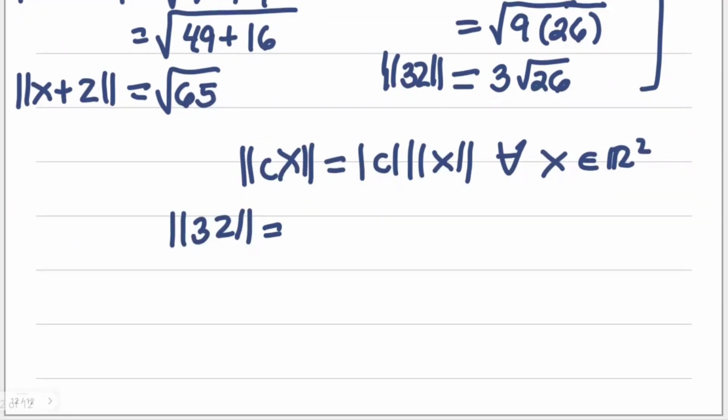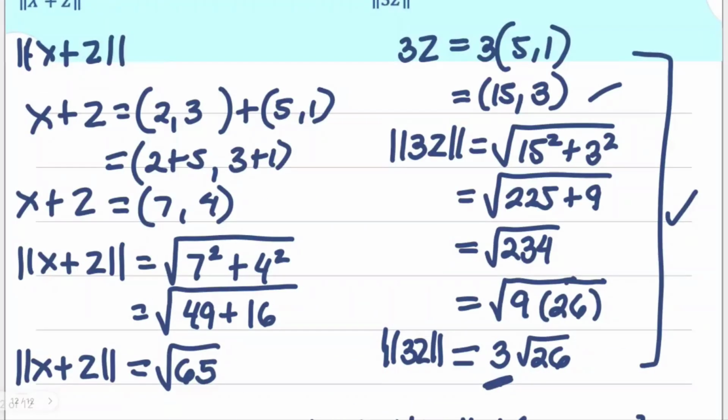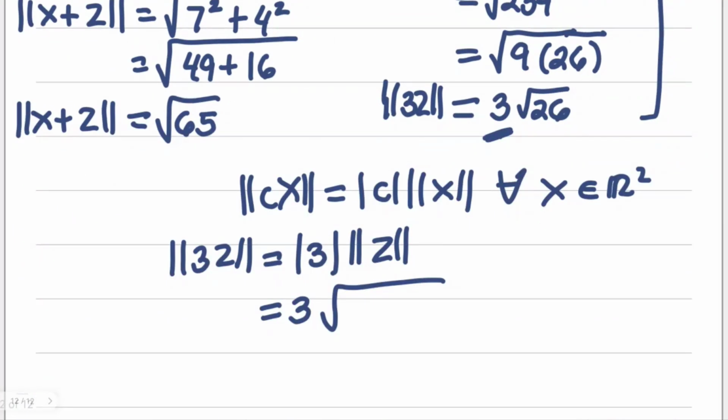Because here, this just means take the scalar 3 and just get the length of z itself. So we know this is already 3. It's already here, almost there. So the norm of z is the square root of the sum of the squares of the components of z, which are 5 and 1. So sorry, that's 5. Let me rewrite that.